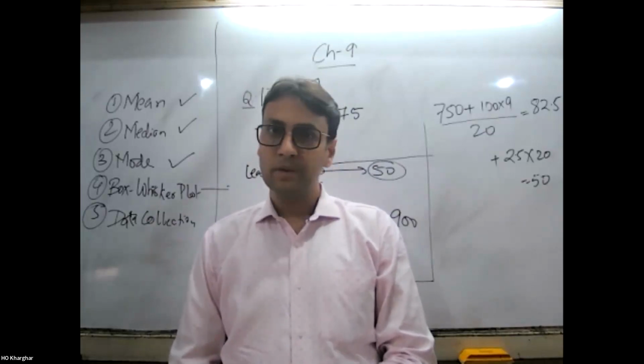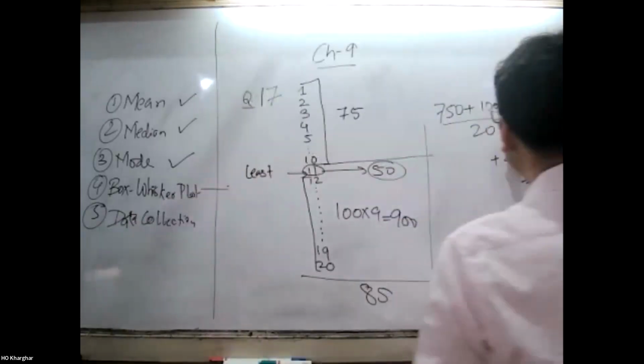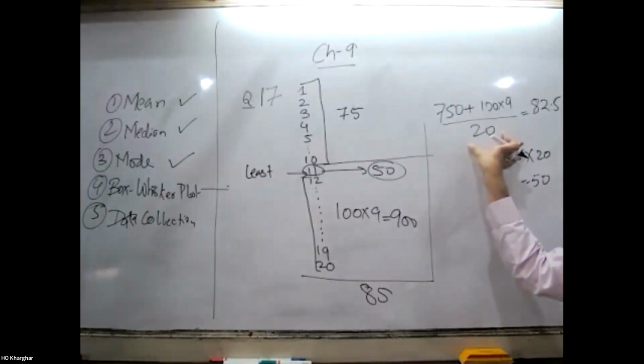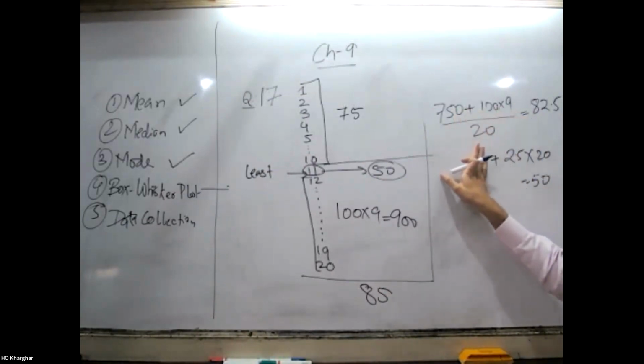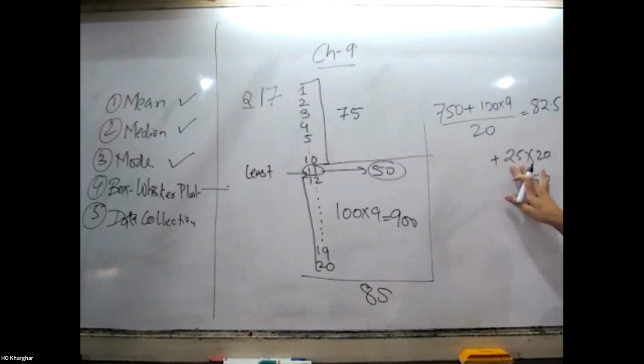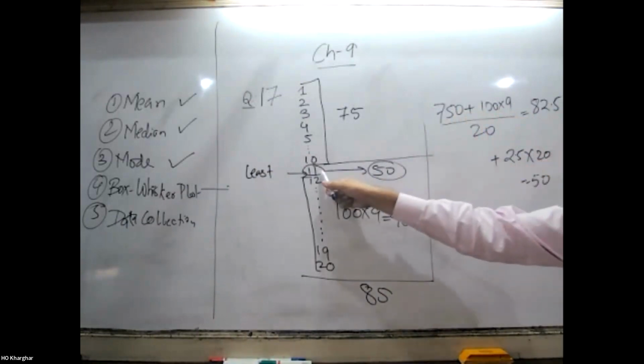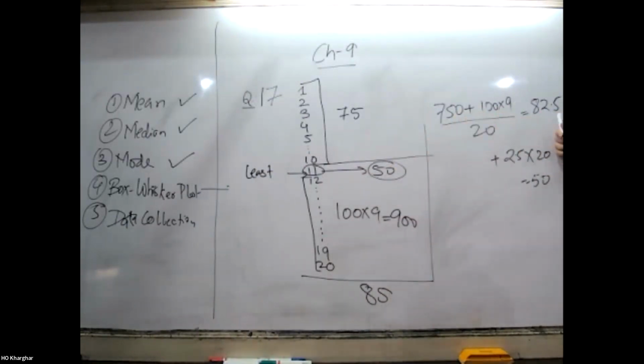Correct. Because factually, this is not 20, this is 19. These are 19 values and you have divided by 20. So what you have calculated is the deficit. The deficit is 2.5 and it must come from all of these 20 values. Had the 11th also given you 82.5, there's no problem, the average would be 82.5.